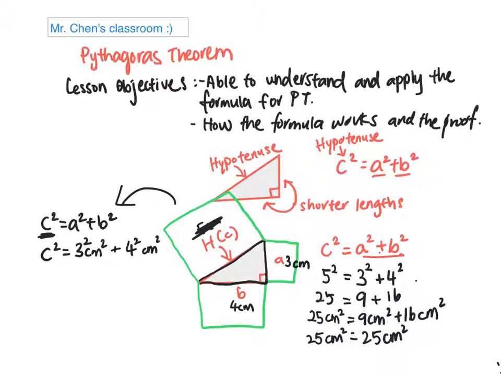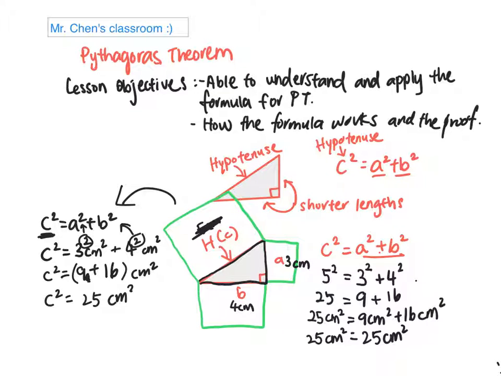Make sure you square that, okay, because that's from there. You have to include that. So c squared will end up being 3 squared is 9 and 4 squared is 16. Both of them are centimeters squared. So c squared will end up being 25 centimeters squared.